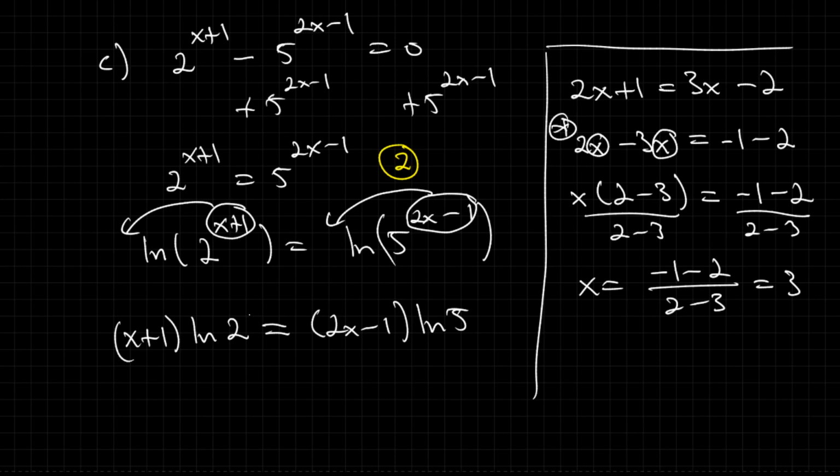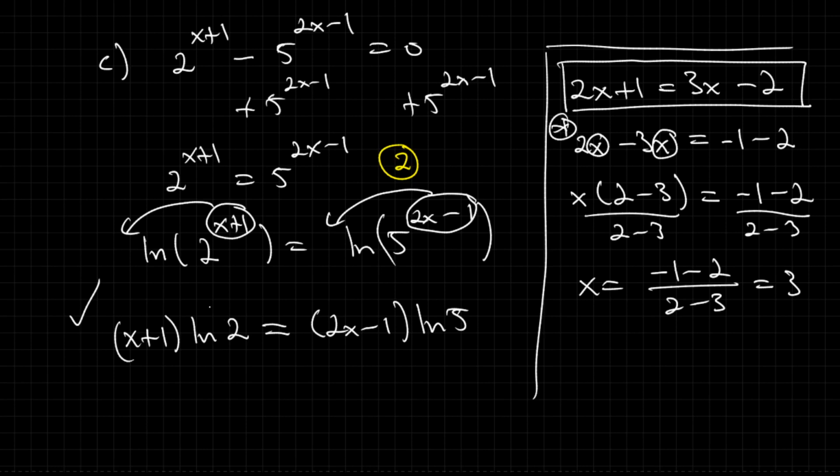Now, here I'm going to go ahead and distribute this ln 2 because in my reminder problem here, notice that there's nothing multiplying both sides. So I want to make my problem from part C look as much like my reminder problem.